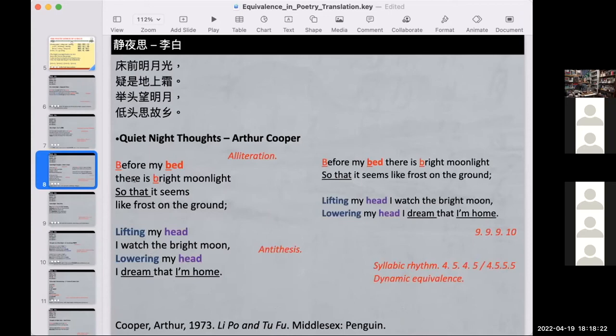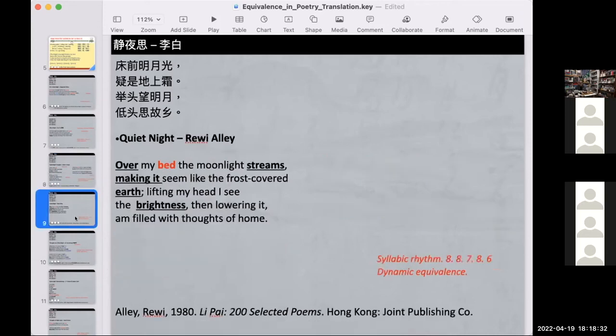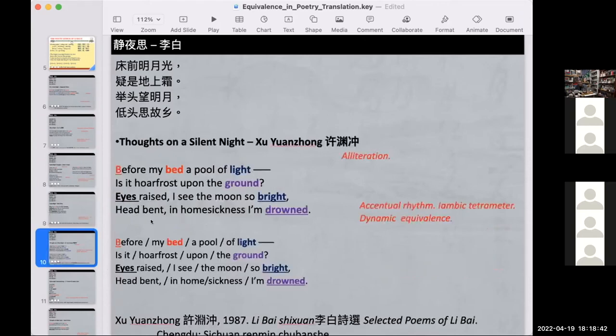You can see that the language is more natural. Before my bed, there is bright moonlight, so that it seems like frost on the ground. It's very natural. And here also, over my bed, the moonlight streams, making it seem like the frost-covered earth. Again, very natural English. But here it is not really natural English.